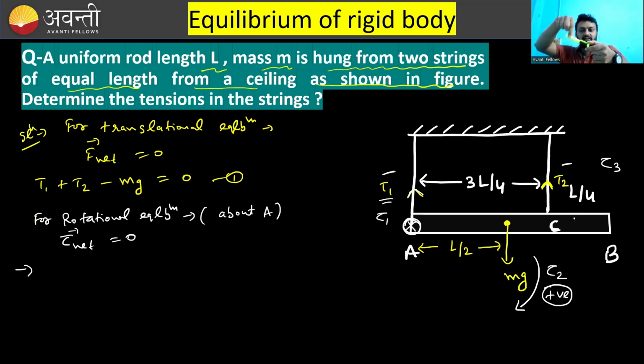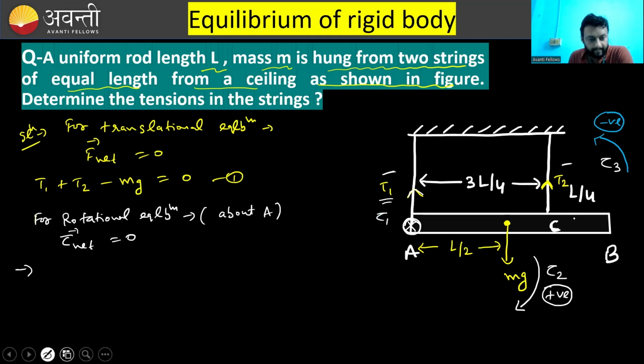At this point, tension is in the upward direction, so it will rotate in the anti-clockwise direction by torque 3. So this torque will be negative. And tau 1 is 0.